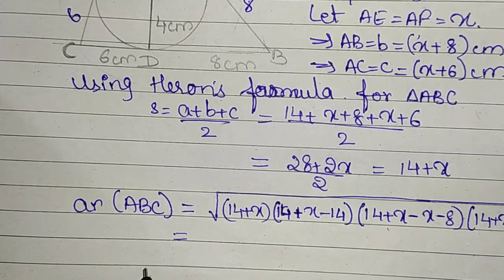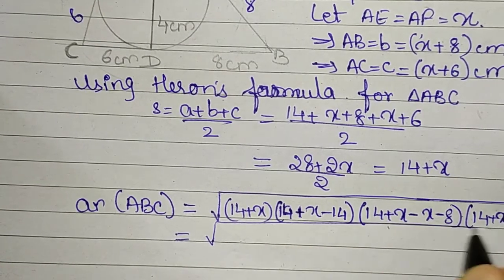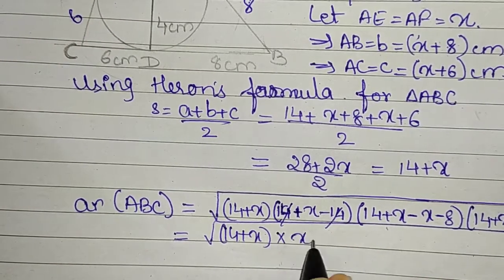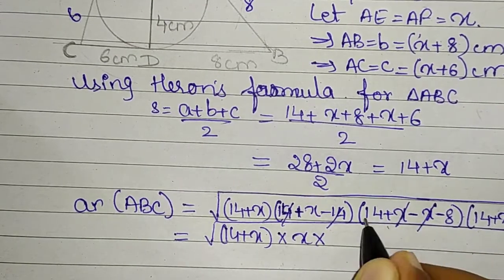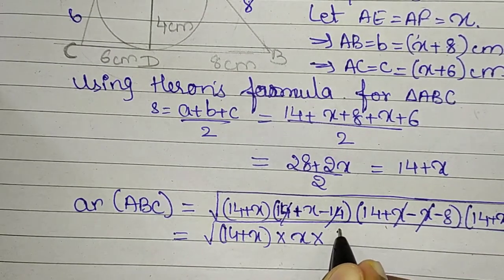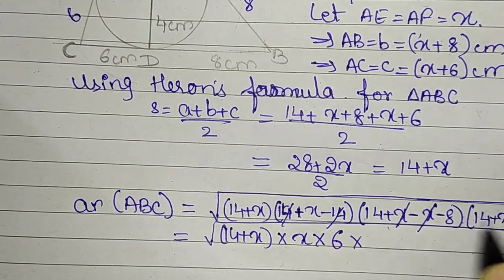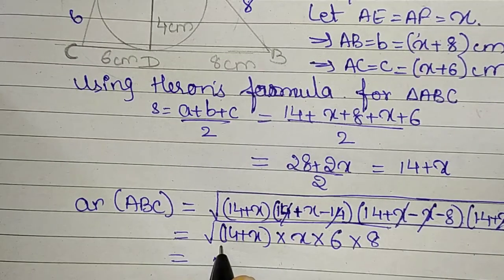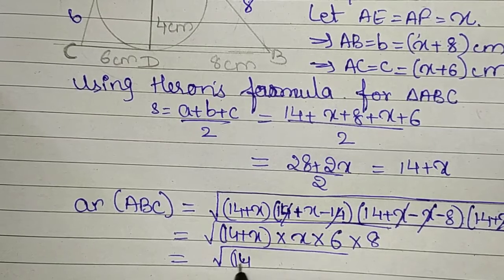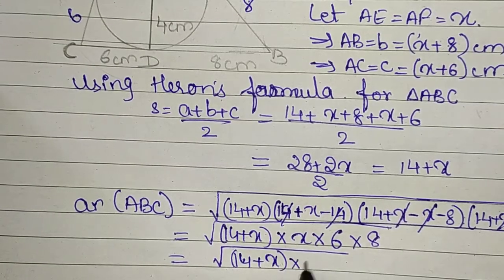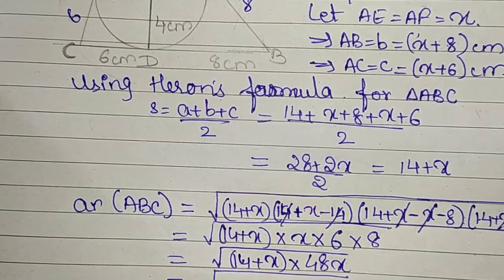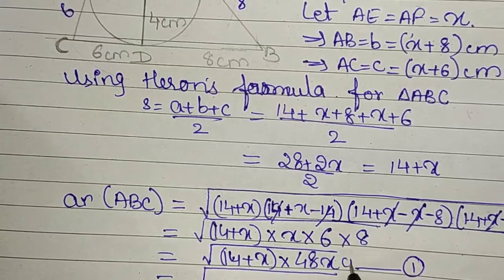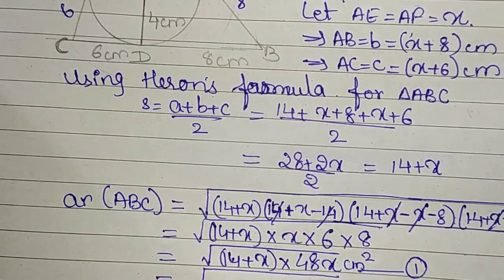On simplification, 14 minus 14 cancels out, x minus x cancels out, 14 minus 8 is 6, and 14 minus 6 we get 8. So this is what we get. On further simplification, 14 plus x into 6 8s are 48x. Name this as result 1. Centimeter square is the unit.